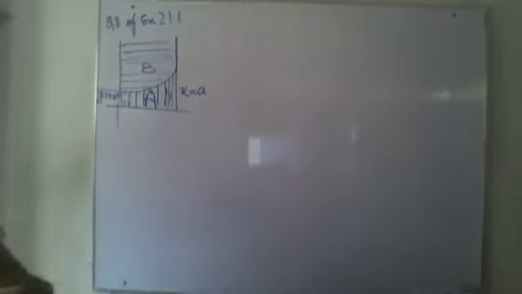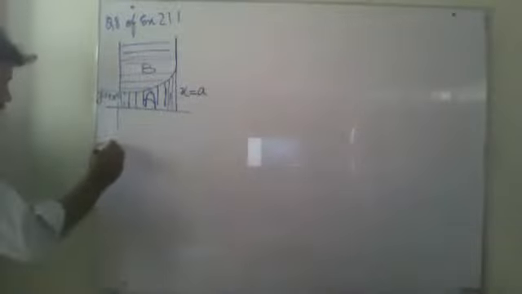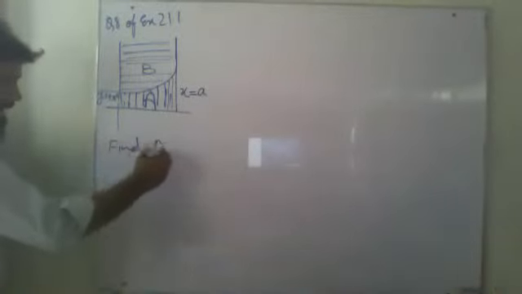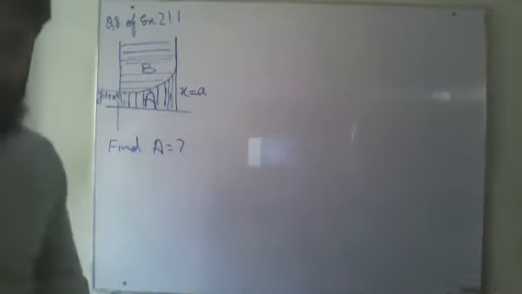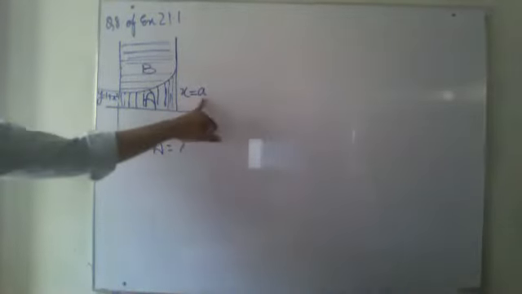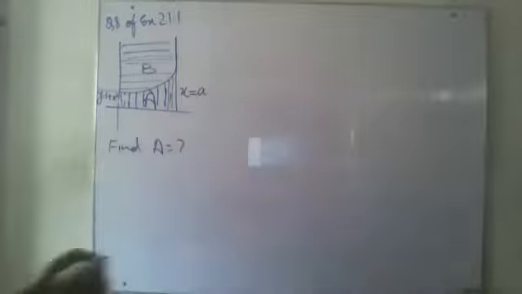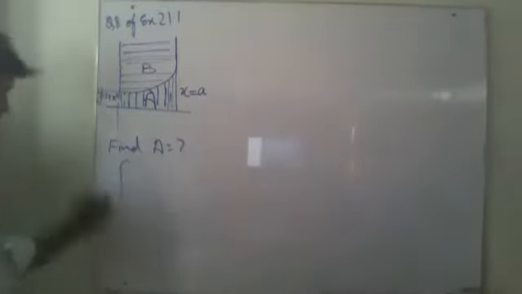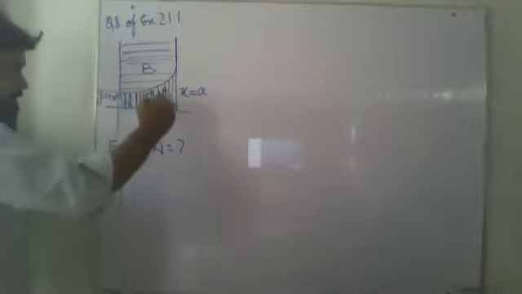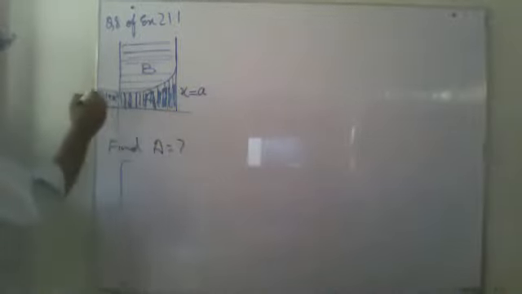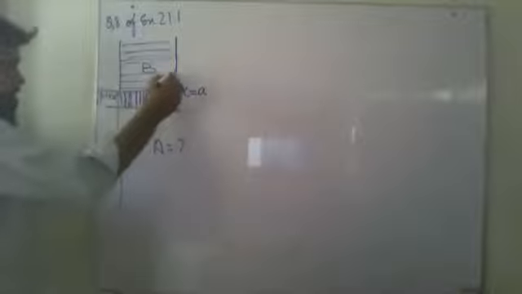So they are saying find area A in terms of this a. So how will I do it? This area which is given over here is under this curve.